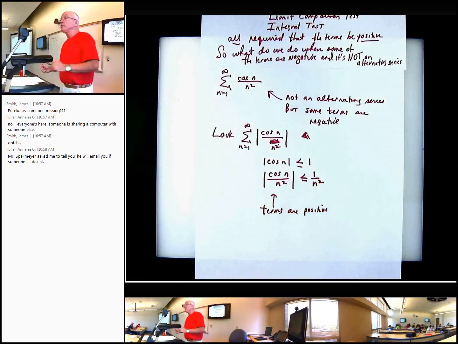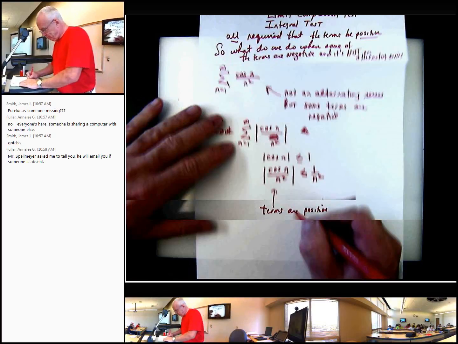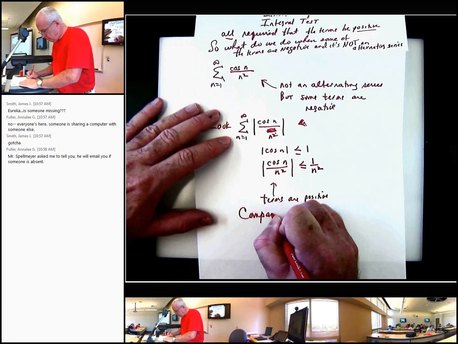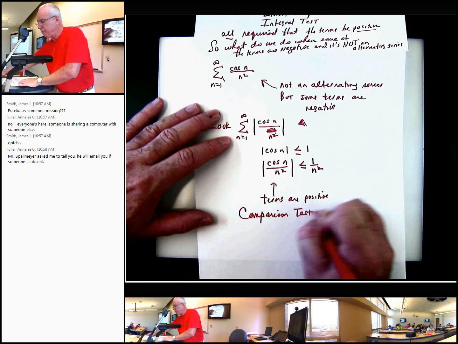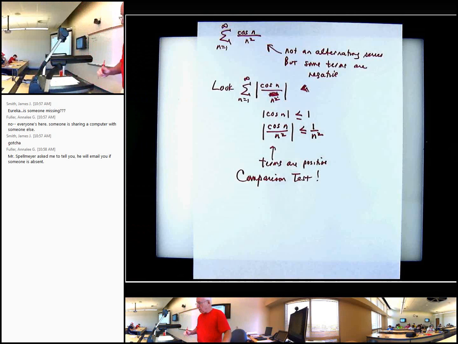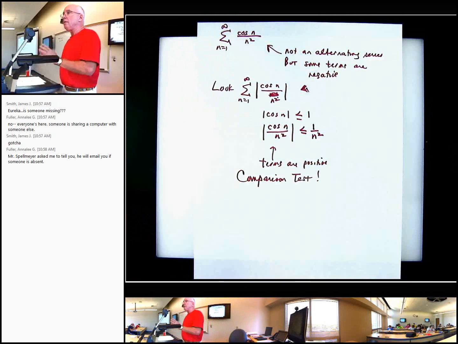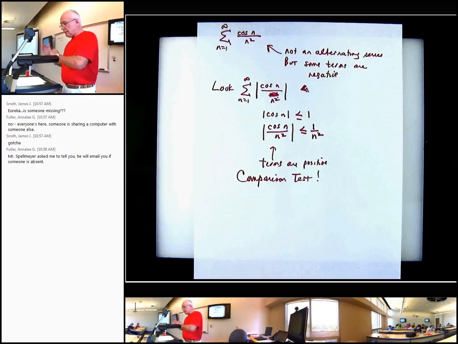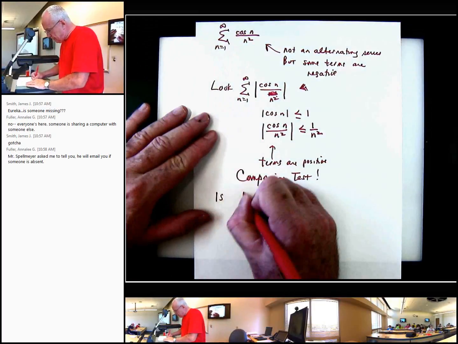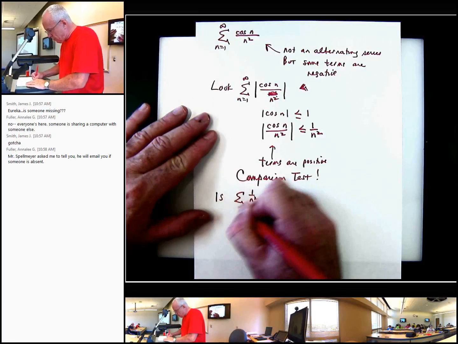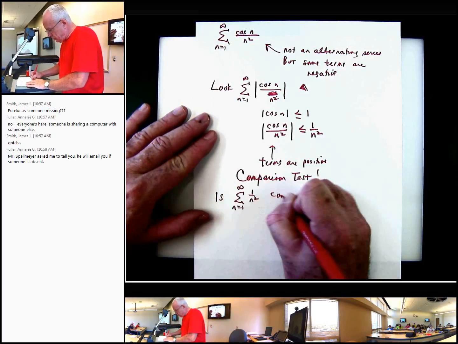Let's do the comparison test. We have terms that are less than 1 over n squared. So is the summation of 1 over n squared convergent?